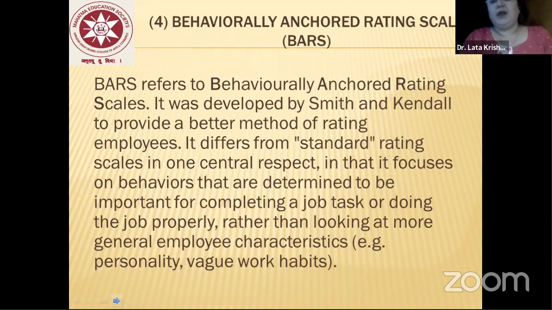So when you have certain attributes listed on your x-axis and on the y-axis you have ratings given to them, like a Likert scale which is measuring these attributes, we say you have a behaviorally anchored rating scale.